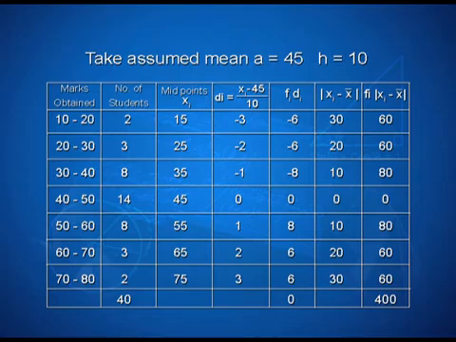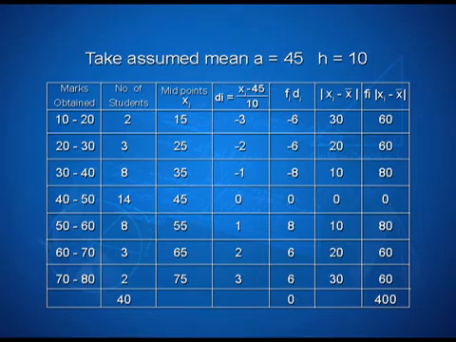Now, we take the midpoints of 10 and 20 class interval, we get here 15, 20 to 30, we get here 25, similarly for all the classes, and look at the deviation xi minus 45 upon 10, that is we take 15 minus 45 upon 10, that gives us minus 3.